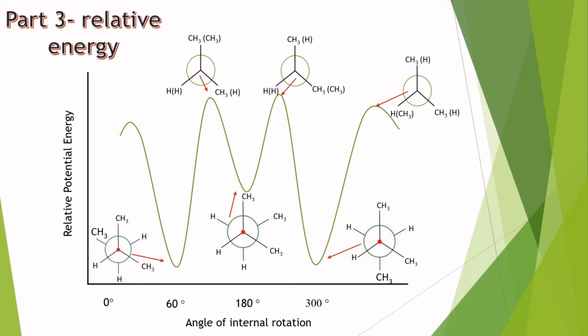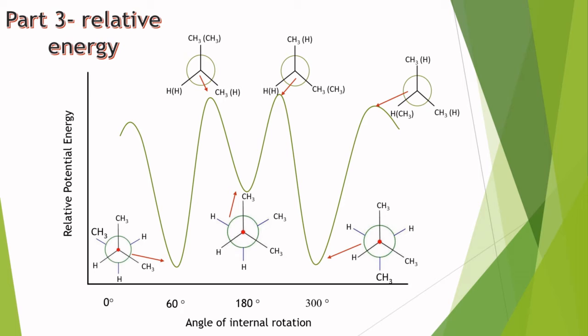If you follow the line of the curve, similar to the pattern in the previous slide, you can see that we start with a staggered conformation, move to an eclipsed, then a staggered, to an eclipsed, then a staggered, then finally back to an eclipsed. And it will continue if the graph went on to 420 degrees, 480, and so on.